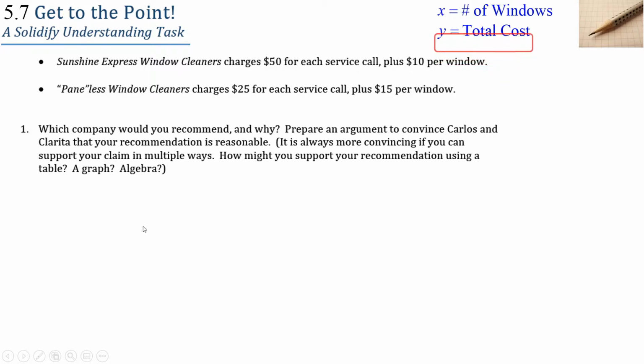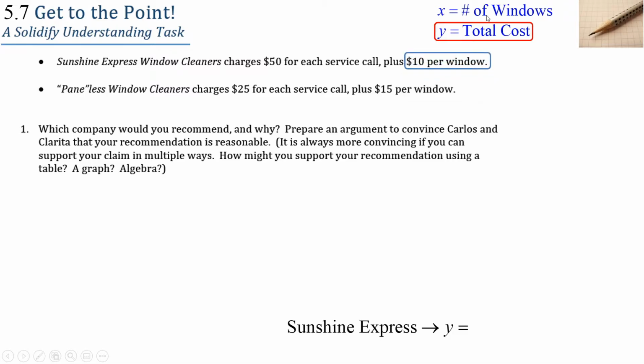Beautiful. Okay, so y equals total cost. So we're going to come up with a cost equation for both Sunshine Express and Painless window cleaners. Sunshine Express, y equals, now again, charges $50 for each service call plus $10 per window.